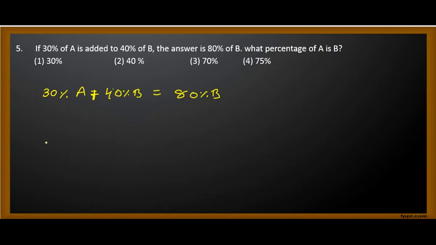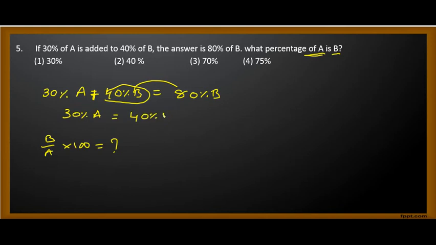The question here is asking B by A into 100 equals to how much? What percentage of A? It means A is the reference value, B is the required value. From the given information, 30% of A, if I take this 40% of B to the right hand side, this will become minus 40% of B. It means 80 minus 40 will become 40.